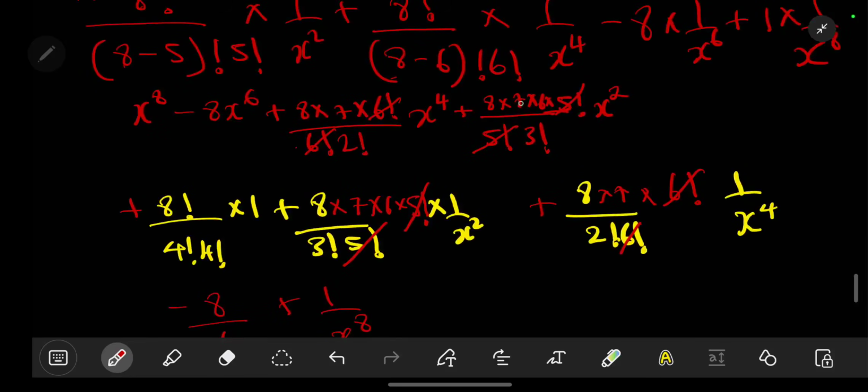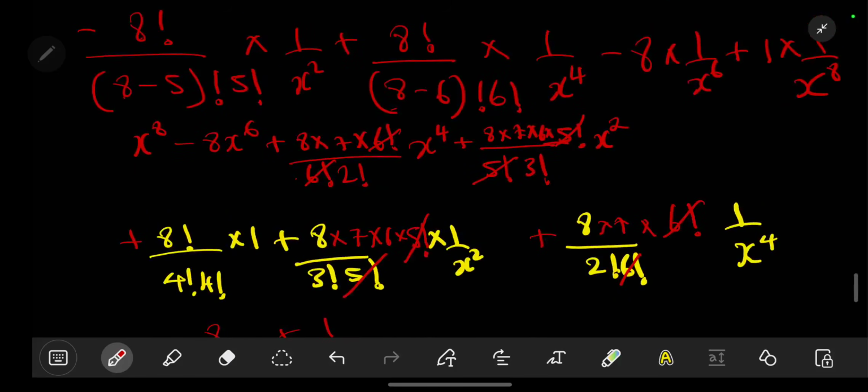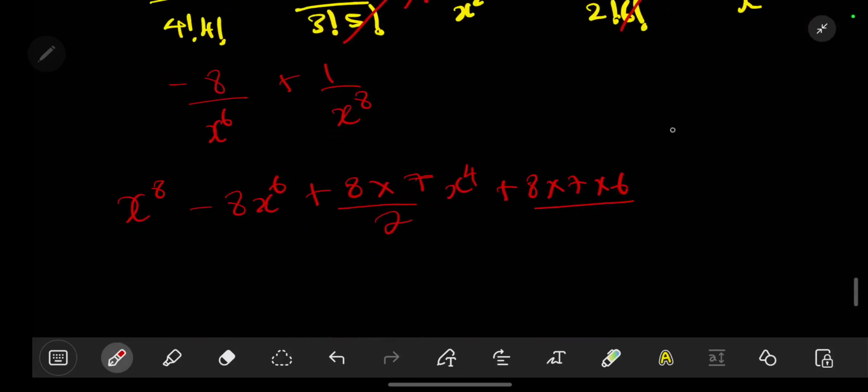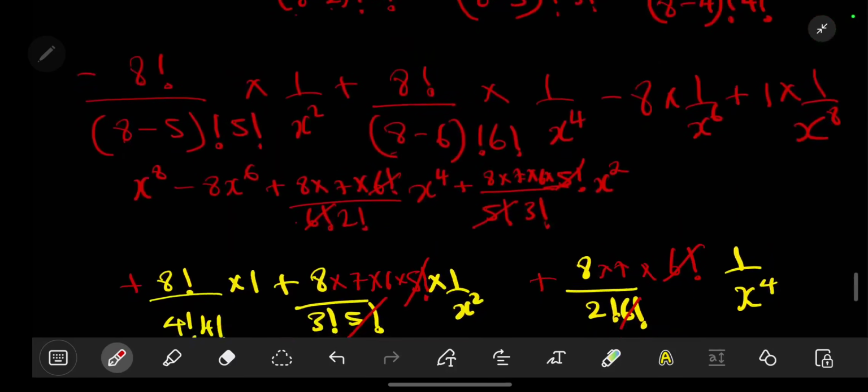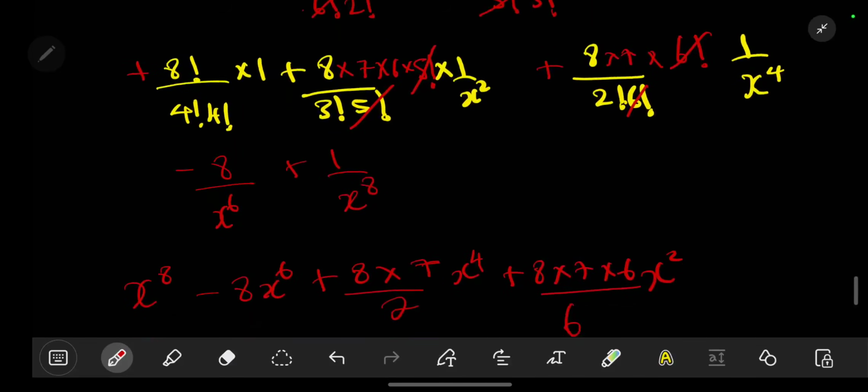Then we have plus 8 times 7 times 6 over our 3 factorial, which is 6. If you do 3 times 2 times 1, that will be 6. Then we have our x squared like that.